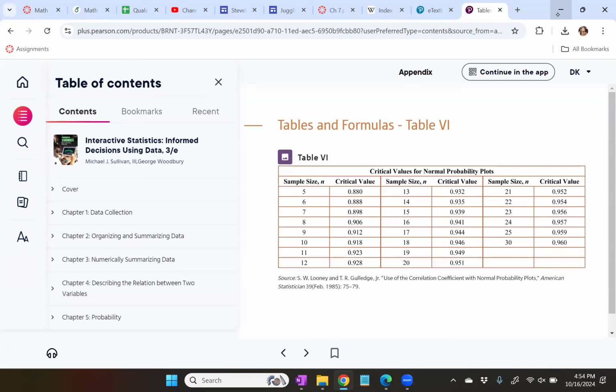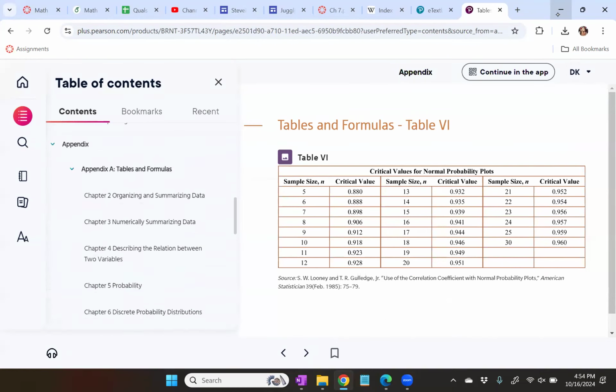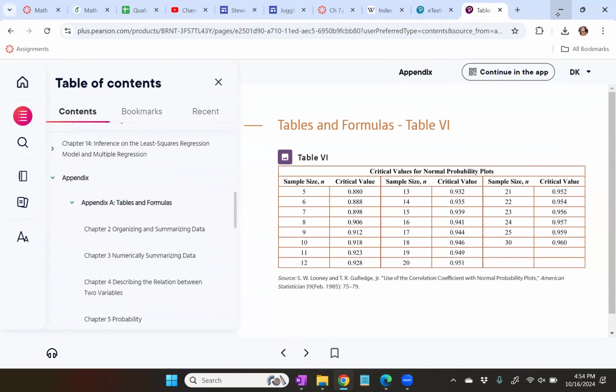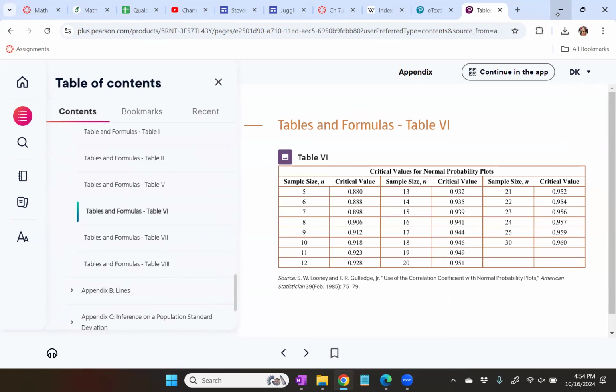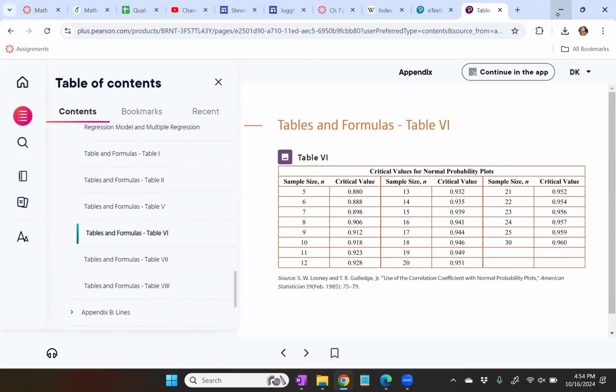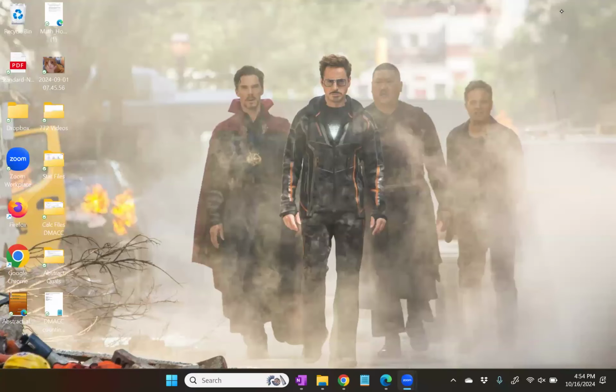Under the table of contents, you can go down to the appendix, tables and formulas. Table 5 is our Z-score table. I gave you a copy of that so you can use it or not, or this one. Table 6 is this guy here. We'll come back to that in a little bit, but I wanted to get it pulled up anyway. We're going to need it. That's how you find it. It's buried.